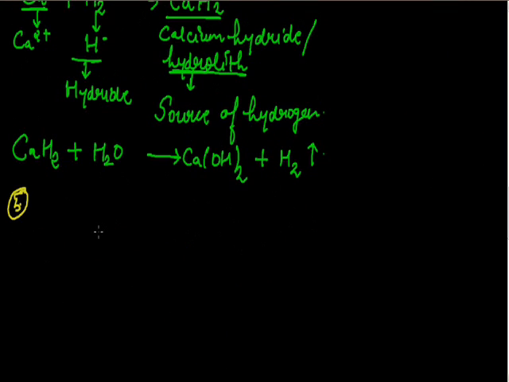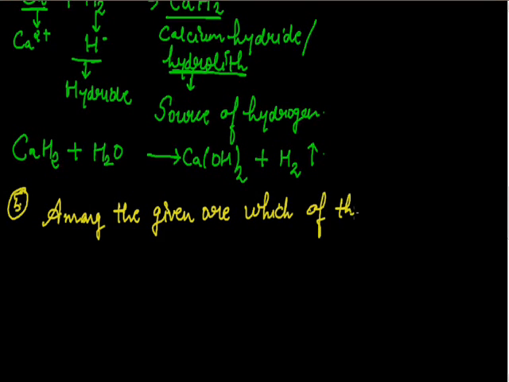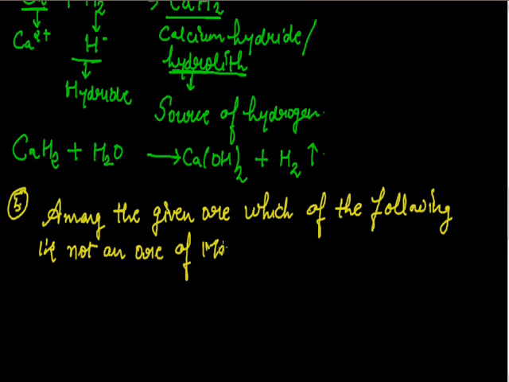Question number 5. Again certain ores are given. We have to check which of the given ores is not an ore of magnesium. Among the given ores, which of the following is not an ore of magnesium?